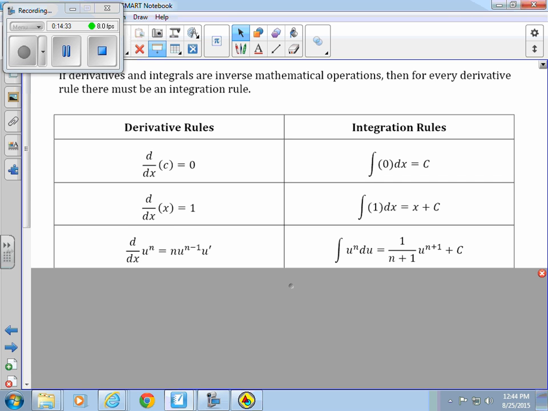To undo, wouldn't I need to raise the power by 1, to undo the subtracting 1? And then wouldn't I need to divide by the new power to undo the multiplication? So if it's x squared, you'd make it x cubed, right? And then you divide by that new power. So divide by 3. That's where you got the 1/3 x cubed.